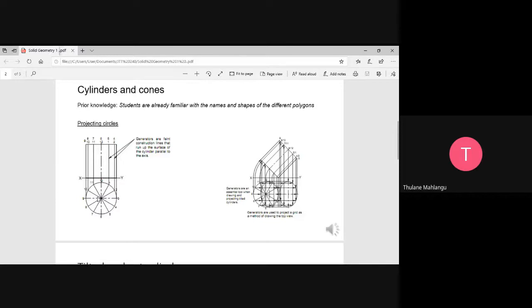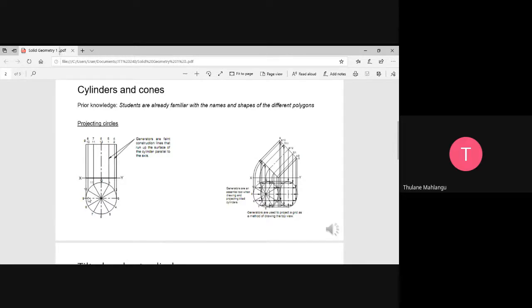Sometimes they'll just give you a paragraph saying draw the top view and front view of a cylinder that has a diameter of 30. Then you start by drawing the circle. You have 15 radius, and you scribe a circle using your compass. Then you have a circle of diameter 30.